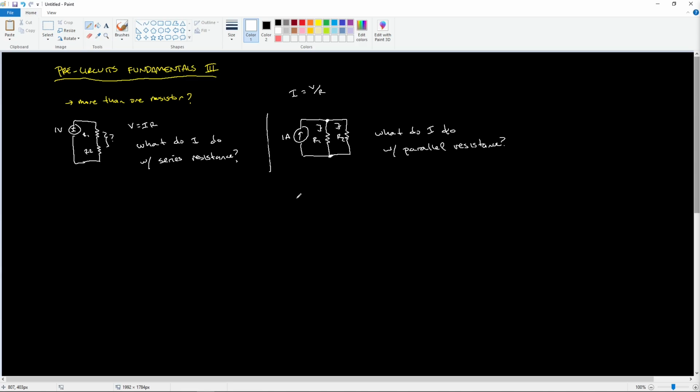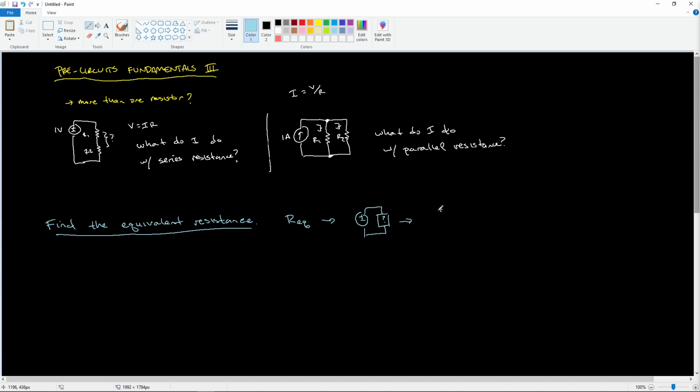So one popular approach is to find the equivalent resistance. Right, finding the equivalent. We would say this equivalent resistance would be Req, where you have some complicated mess inside this box that we don't necessarily know what it is.